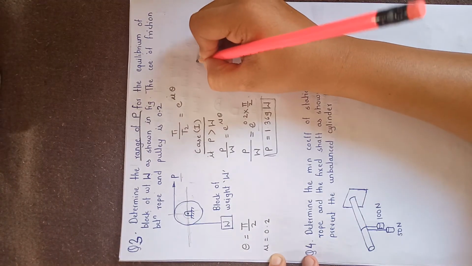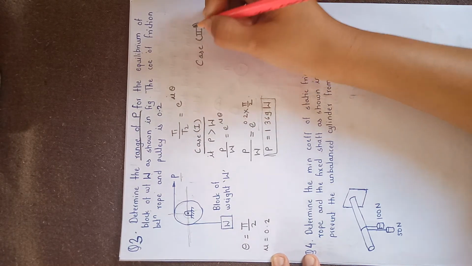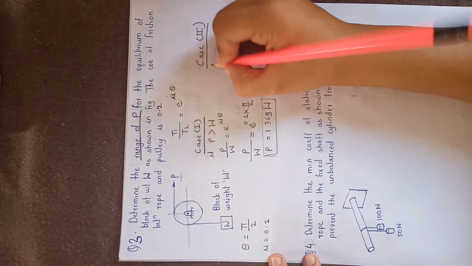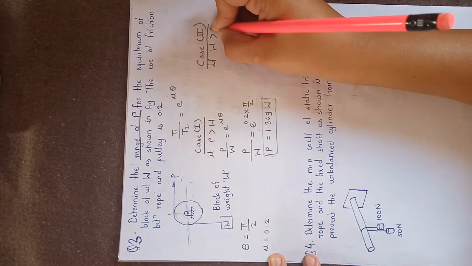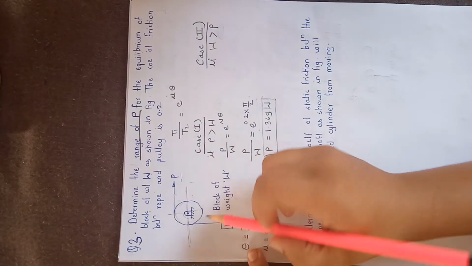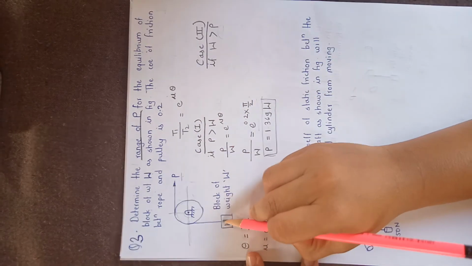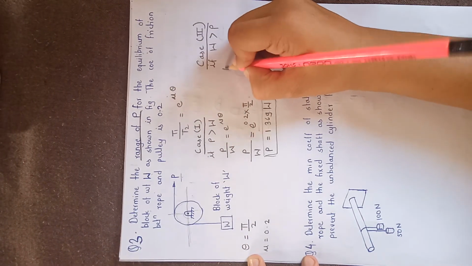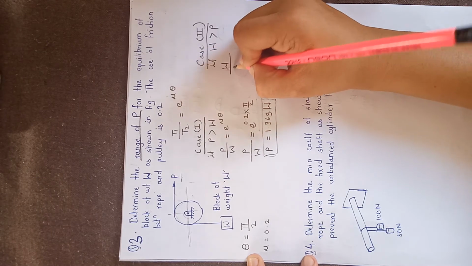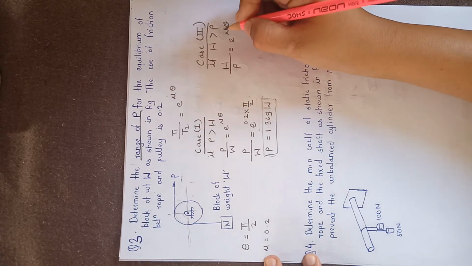If we consider the case 2, case 2 is if W is greater than P. If this W is greater than P, then this will be the tight side and this will be the slack side. So tight side upon slack side is equal to e raised to mu theta.